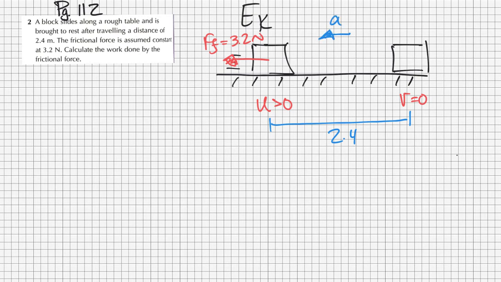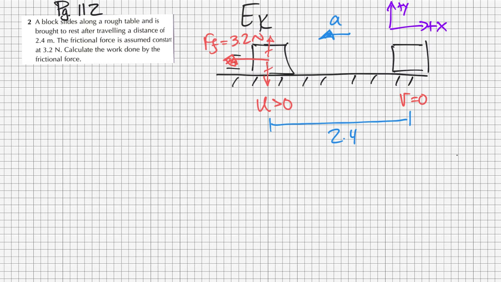If we say that to the right is the positive direction, that's the positive x, and that's my positive y, the block is moving in the positive x, it is slowing down, so my acceleration must be in the negative, and so my frictional force, which would be my net force here, would be in the negative direction as well, right? You'd also have a gravitational force and the normal force. Those two would cancel each other out, and so really the only force that we're dealing with is my frictional force.